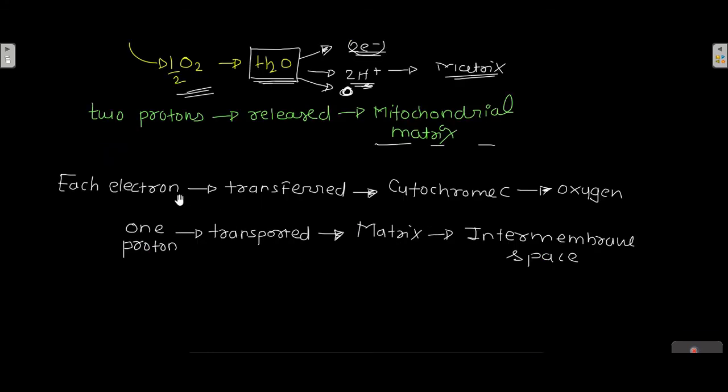Now we already said that each electron which is transferred from cytochrome C to the oxygen, because of this, 1 proton is transported from the matrix to the intermembrane space. So when 4 electrons are transported to 1 O2, and there are 4 protons in the matrix, this results in the formation of 2 H2O molecules.